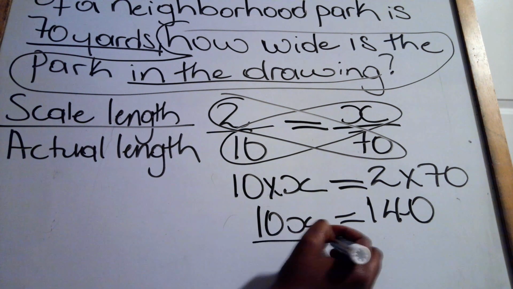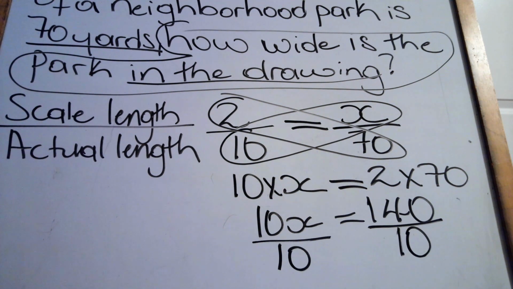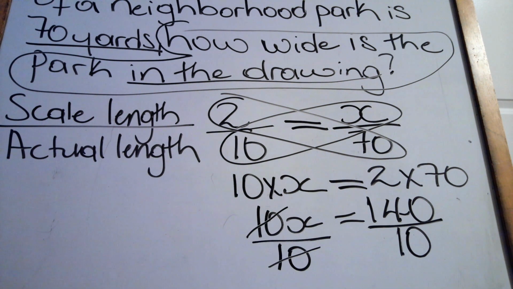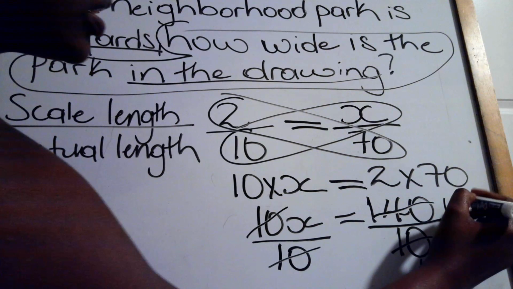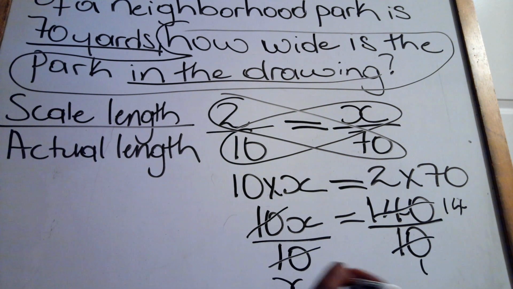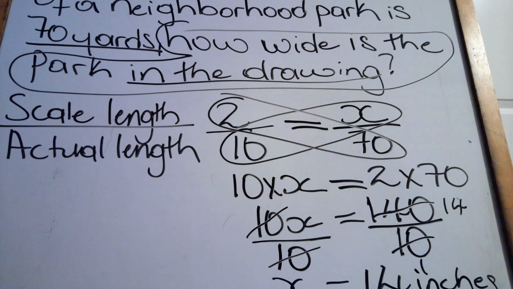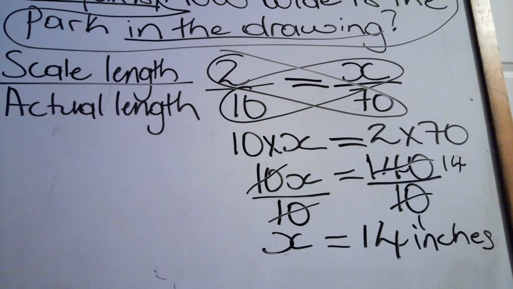So we are going to divide by 10. 10 into 10 goes 1, so that cancels. 10 into 140 goes 14. x is equal to 14. And we are finding the scale, so this will be inches. Don't forget your unit. So x is equal to 14 inches.